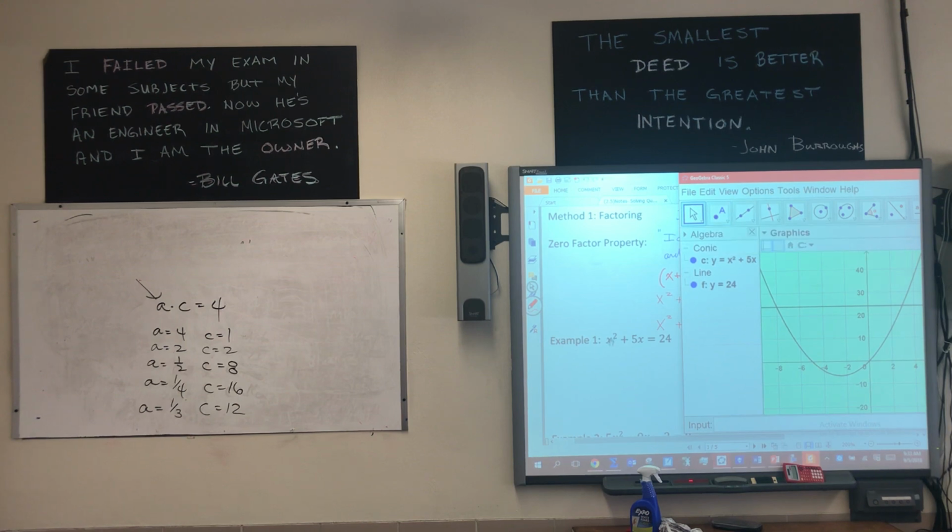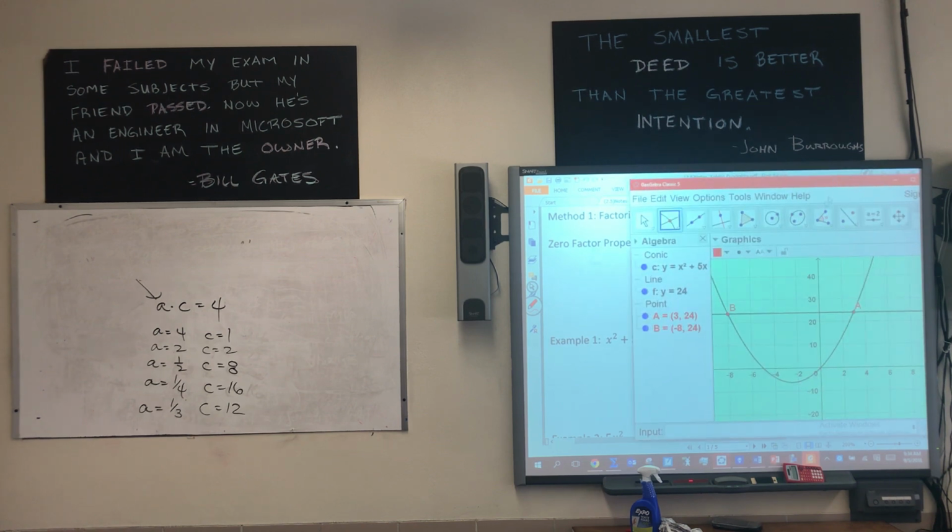So the solutions to this equation, my x values, have to be the intersection of those two curves. It's the x values of those intersections. So when we factor this, we should have 3 and -8 as answers. Does that make sense to everyone? Okay. That approach gives me a quick way for working through.